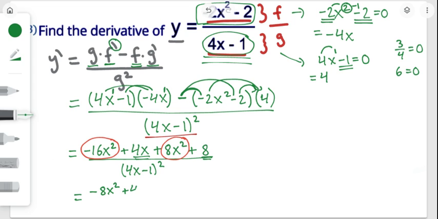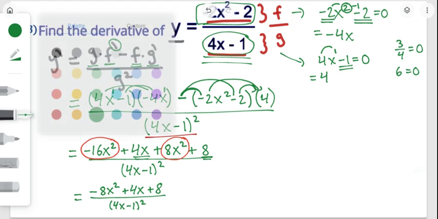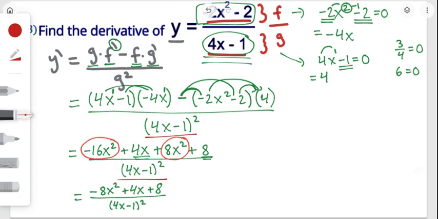So plus 4x plus 8 over the same 4x minus 1 to the power of 2. And this is our final answer.